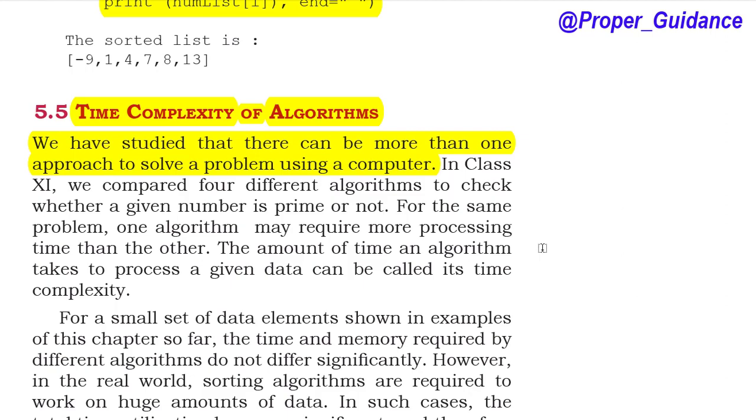or not. For a very simple example from real life, when you are going somewhere, suppose you have to go to your school or college, you may take the rail route, you may take the bus route, you may take the walking route.